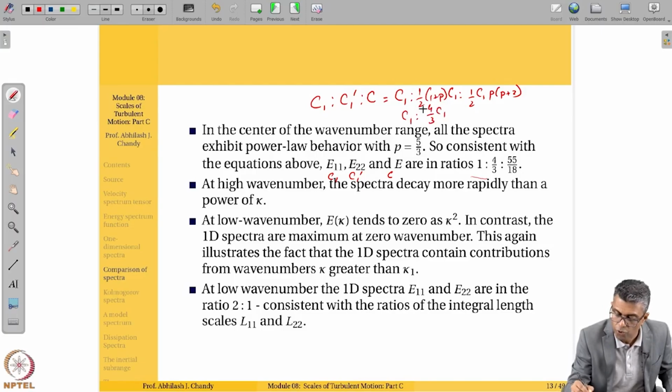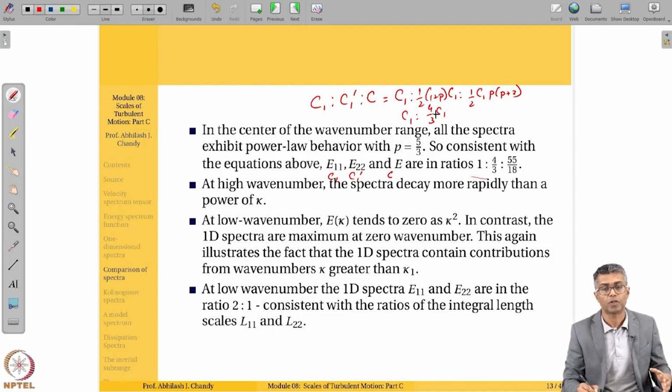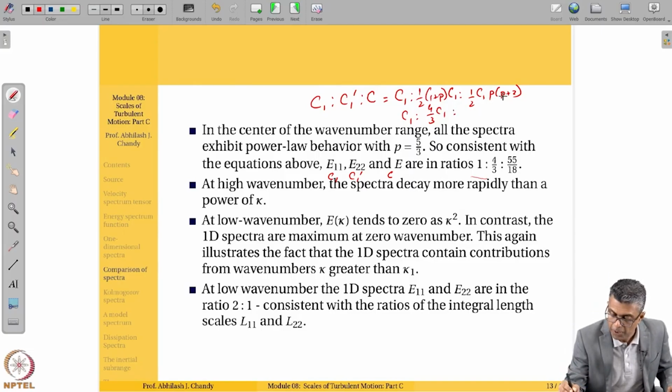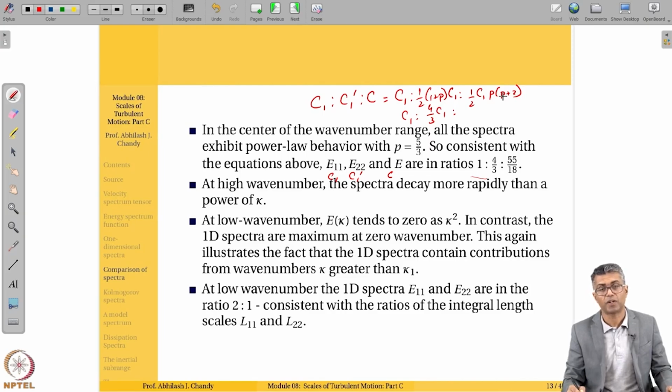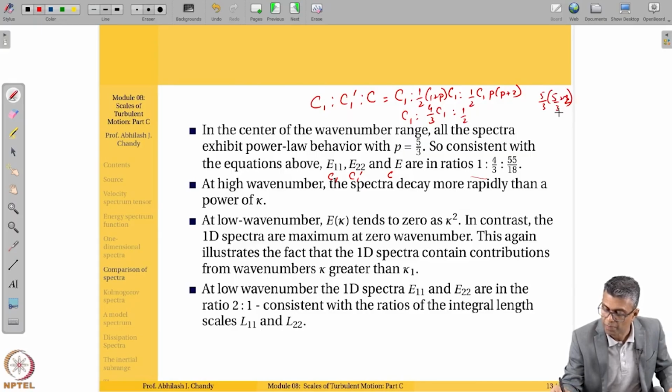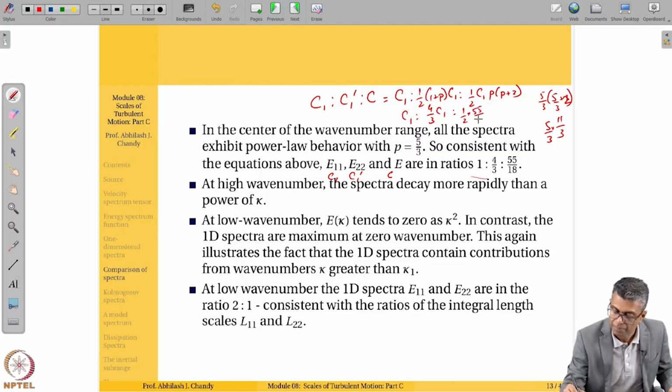So we have C1 : 4/3 C1 because half times 1 plus P is half times 1 plus 5/3, which is 4/3. Then half times P plus 2: that is 5/3 times 5/3 plus 2, so 5 plus 6, 11, 11/3, and 5/3 times 11/3 is 55 over 9.